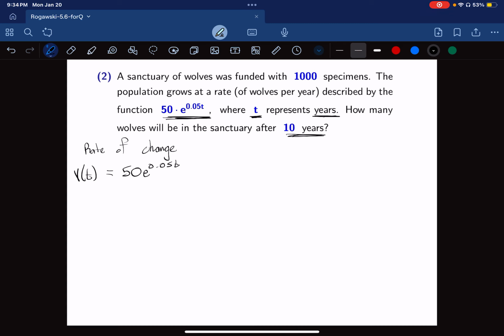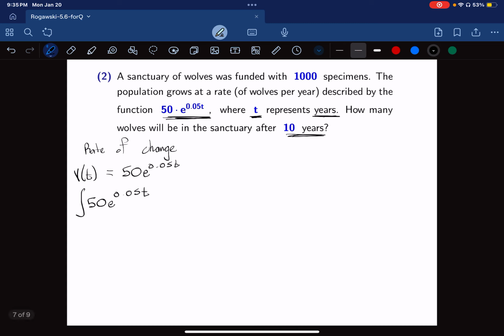Now, we want to find the position equation for this rate of change equation. So what are we going to do? We are going to take the integral of it. The integral of 50 e to the 0.05 t.